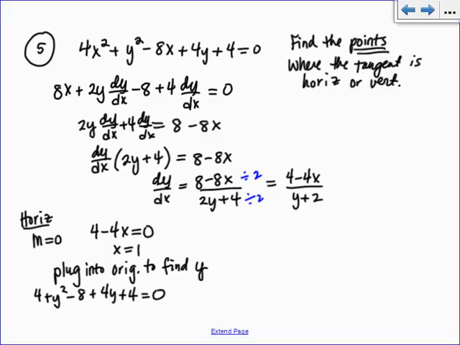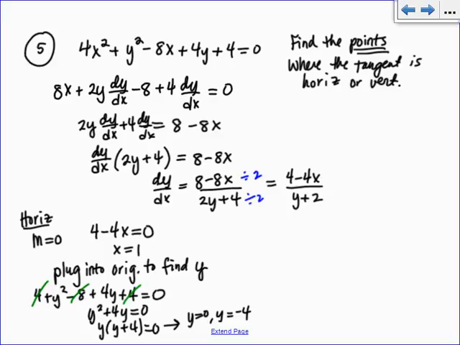So we have y squared and y. But at least the 4 minus 8 plus 4 goes away. So we have y squared plus 4y equals 0. So y times y plus 4 equals 0. So we end up getting y equals 0 and y equals negative 4.